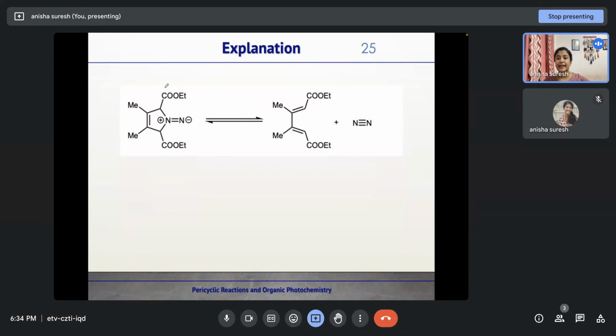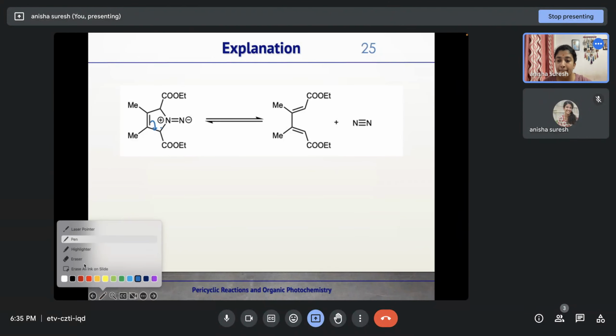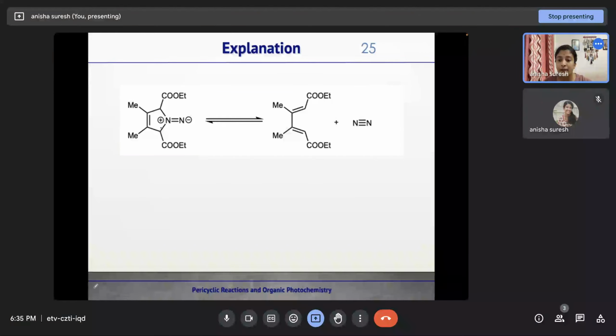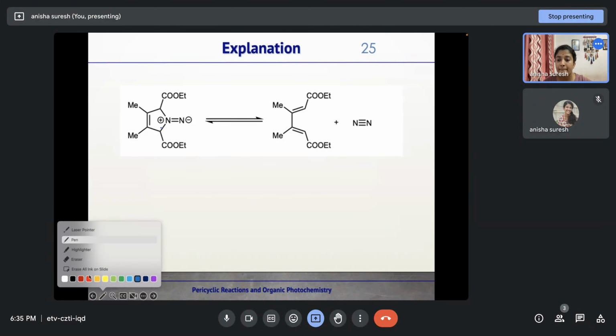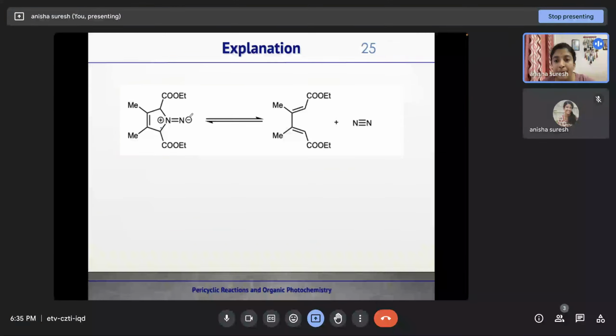We can see the mechanism like this. This double bond will shift over to here. One second. Here, the negative charge on the nitrogen will shift over to here. Now this is neutralized, so this bond will break.